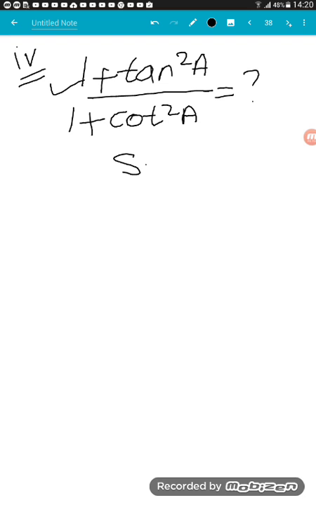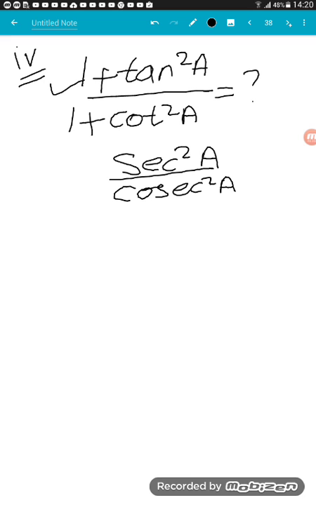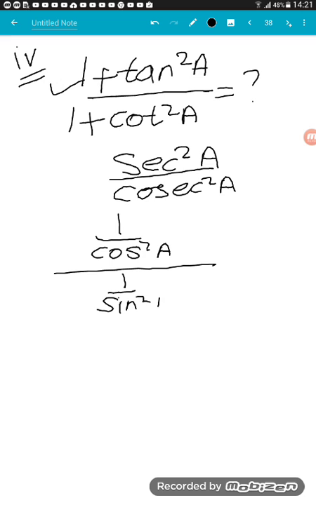So sec square a by 1 plus cot square a, which is nothing but cosec square a. And sec square a we can change into 1 by cos square a, and cosec square a we can change into 1 by sin square a.